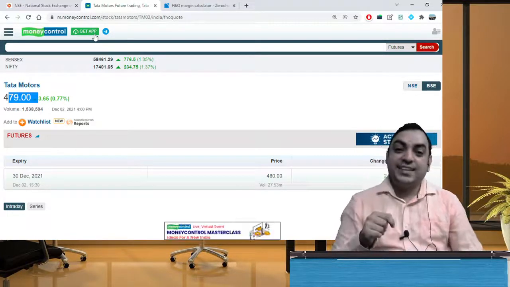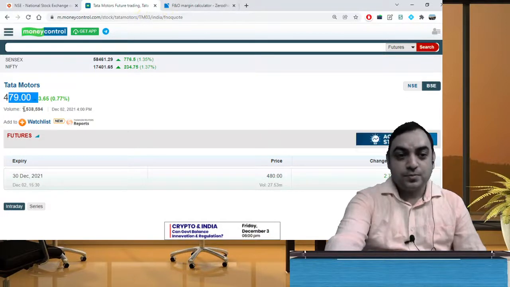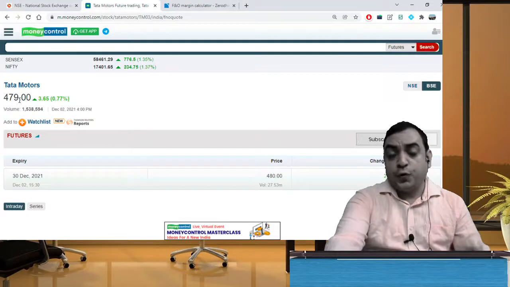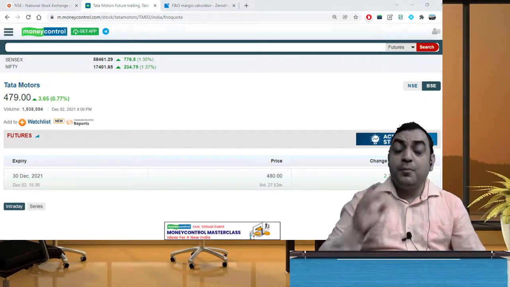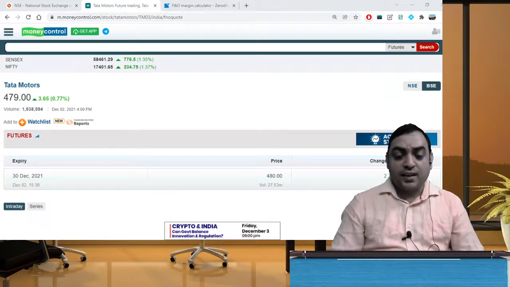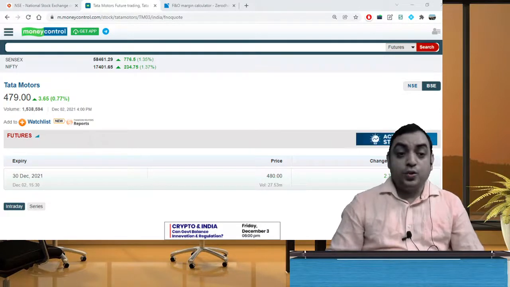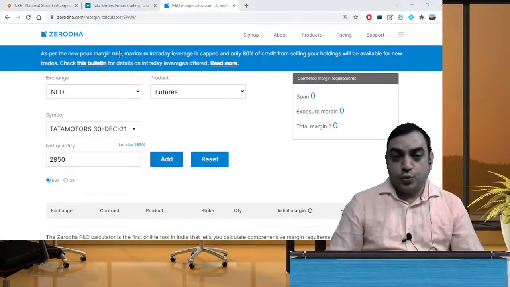There lies an idea. I'm showing it to you. Please take a look at this. In the spot market, if it is 478 rupees into 2850, you have to pay the full amount. How much? Let me calculate quickly. You can also calculate. 478 rupees into what was the lot size? 2850.